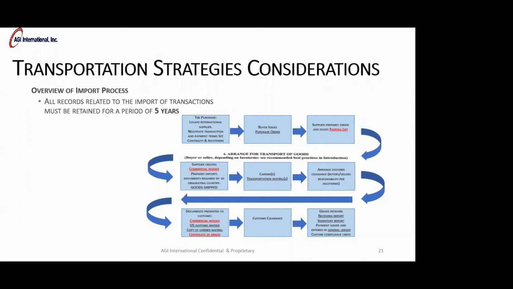And then the buyer issues his purchase order. Suppliers prepare orders and the packing list. It talks about the commercial invoice that needs to be done, and how that moves to the carrier, the transportation provider. It does the arrangements of the customs clearance by buyer and seller. And then it presents those documents to customs: the commercial invoice, the U.S. Customs invoice, a copy of the carrier waybill.